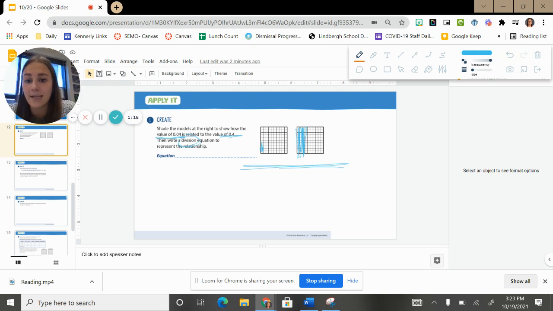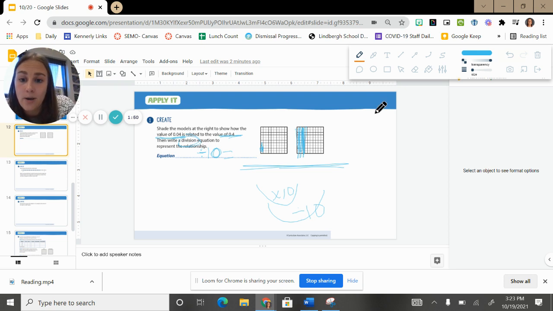Now we need to write an equation for this. So we know place value. If I'm going up place value, it's times 10. If I'm going down place value, it's divided by 10. So if I need to write a division equation, I know it's going to be divided by 10. And now I've got to figure out where my 0.04, so 4 hundredths, goes, and my 4 tenths.